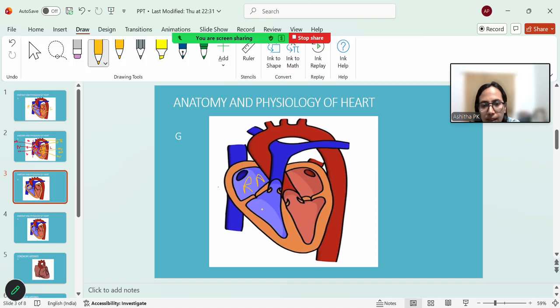This is right atrium, right ventricle, left ventricle, left atrium. Okay, when the ventricles contract, both right and left ventricle, it is known as systole.